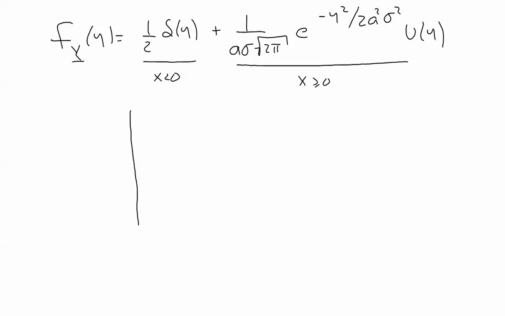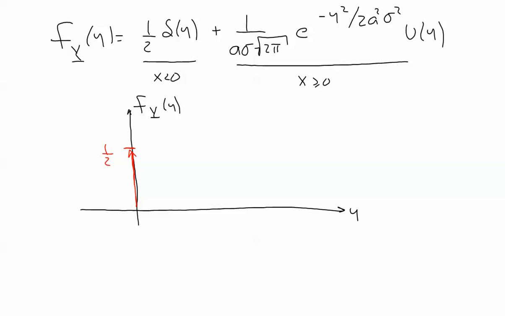And then if I plotted this, it might look something like this. I'm going to have a delta function sitting right at the origin. That's supposed to be in red. Its amplitude is 1/2. I'm going to locate exactly 50% of my probability at the origin.